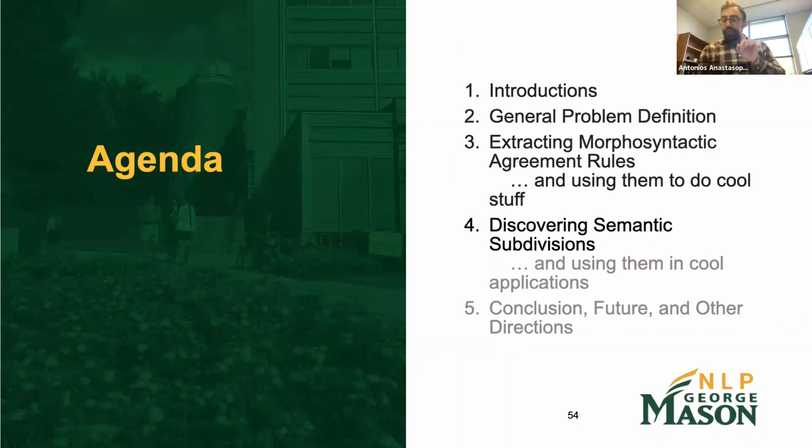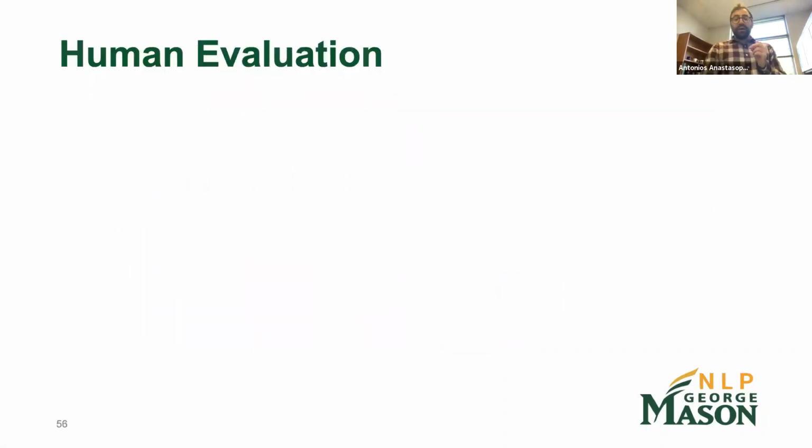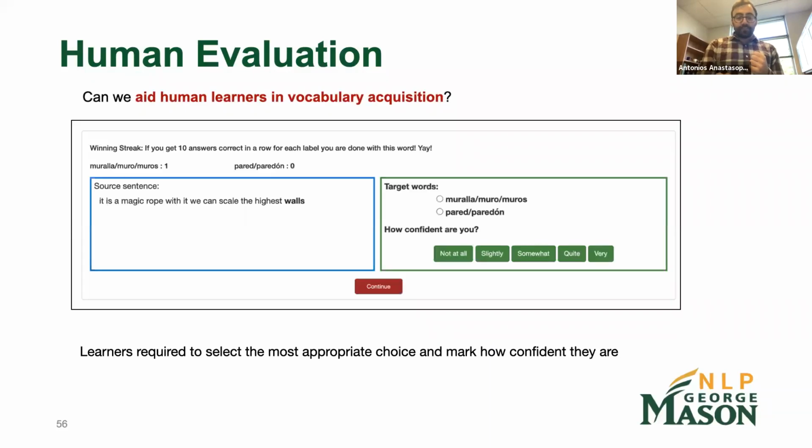So let me show you real quick how we evaluate this and how this can be applicable when humans actually learn. What we wanted to study is if we can aid human learners in this vocabulary acquisition. So we created an interface that looks like this.